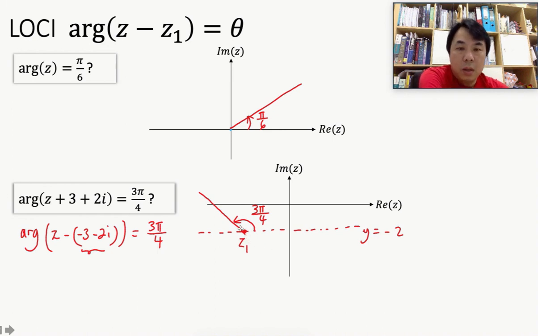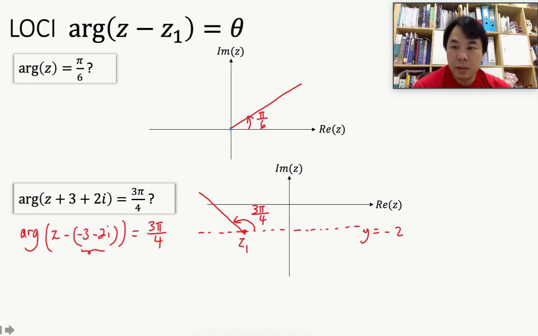So that is our locus that is represented by this complex argument equation. So it's 3 pi over 4 or 135 degrees measured from this new horizontal line now, counterclockwise, because the angle is positive. Right? So I hope that's clear.